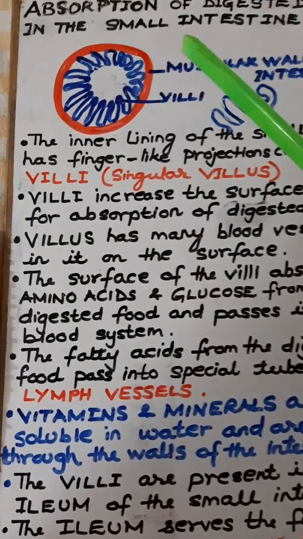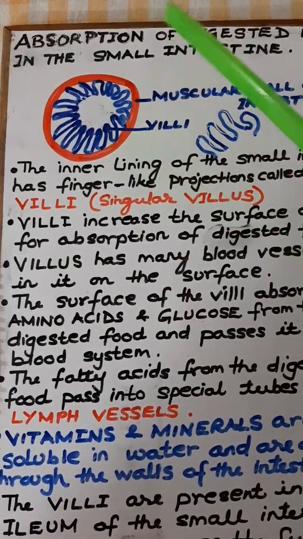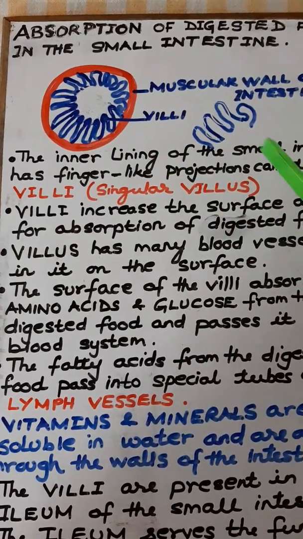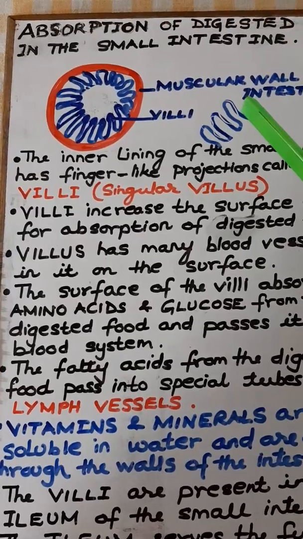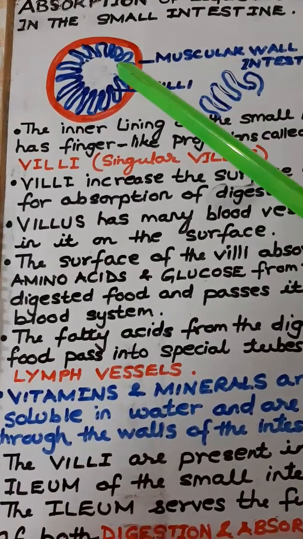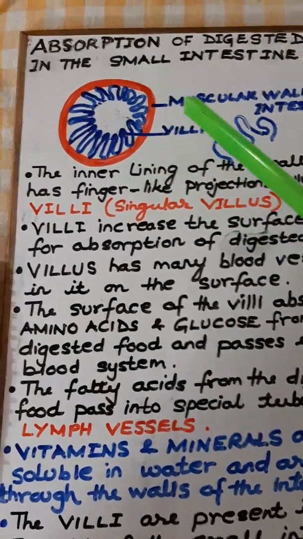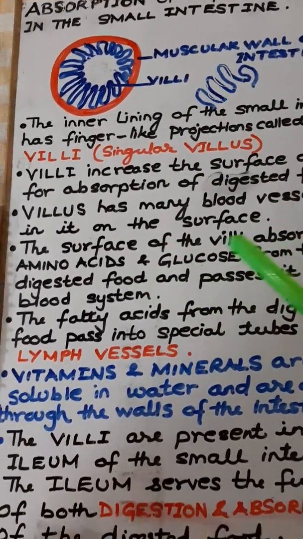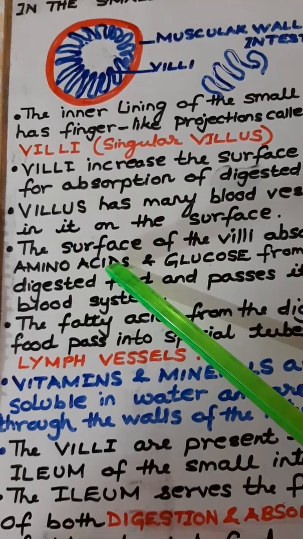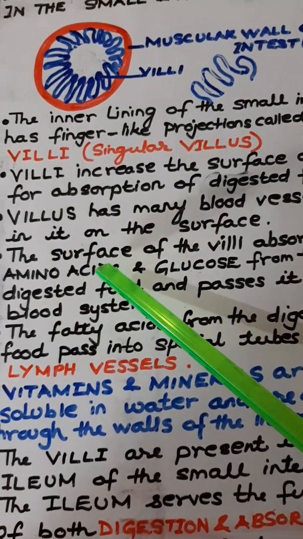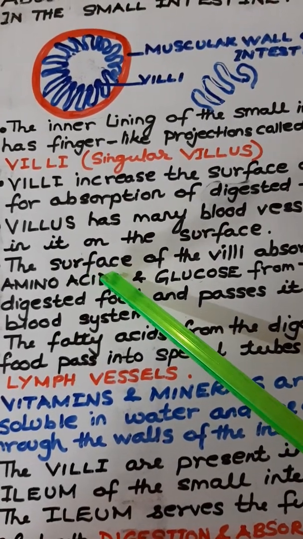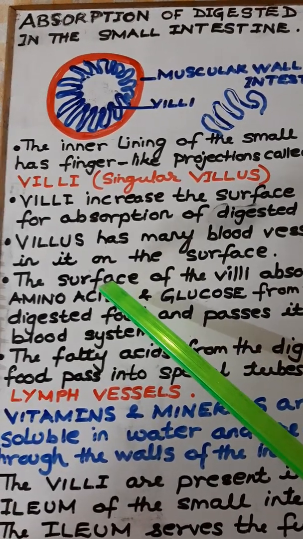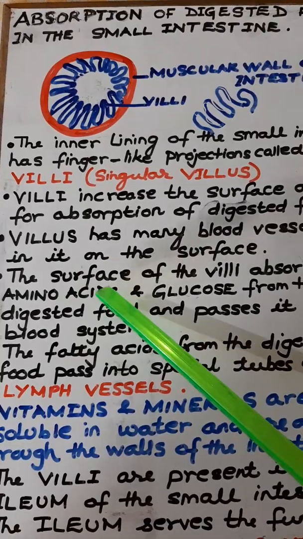The villi have many blood vessels on their surface. When digested food passes through the intestine, the surface of the villi absorbs amino acids, the simplest form of proteins. Proteins have been digested and are now in their simplest form, amino acids.